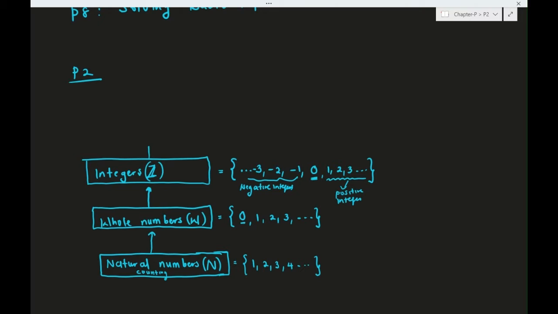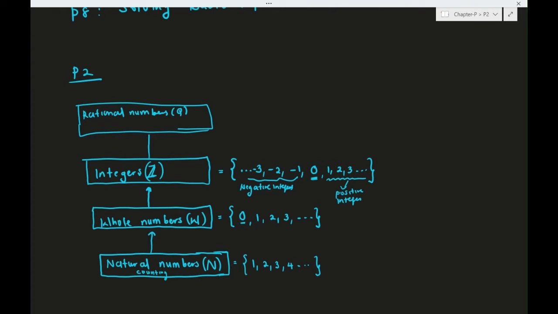Then here we will go to what we call the rational numbers. So what is a rational number? A rational number is any number that you can write in this form.